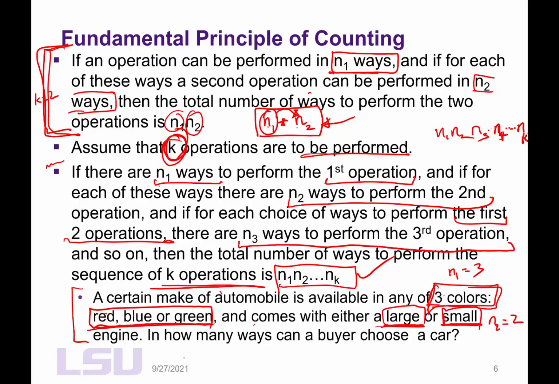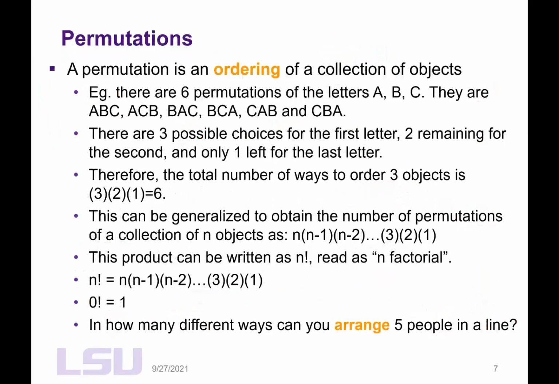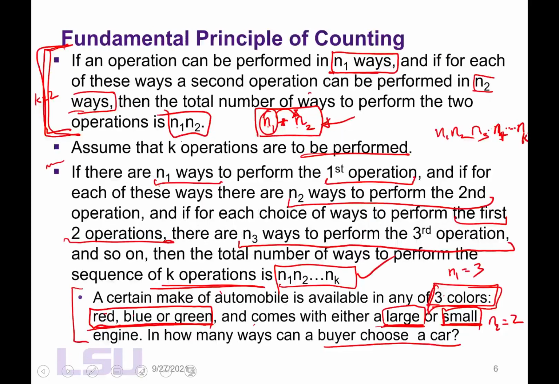Now, you tell me, how many ways can a buyer choose a car? Straightforward, right? The answer is right here. n1 times n2, right? So there are 3 colors, that's n1 times n2, 2 sizes, large or small. So the number of ways a buyer can choose a car is 6.